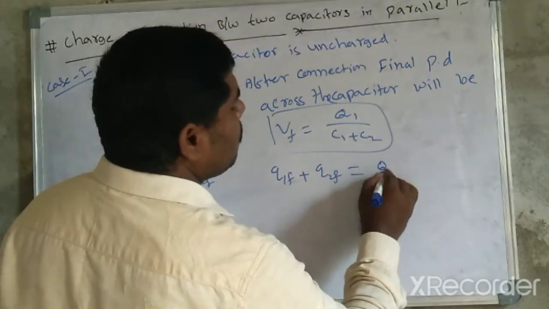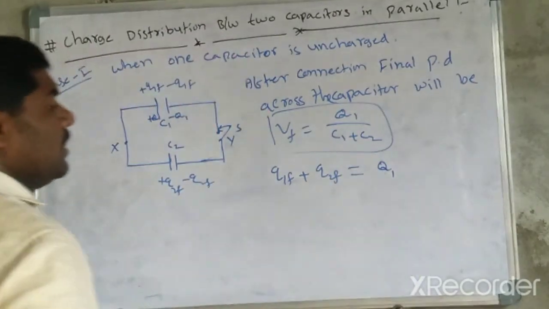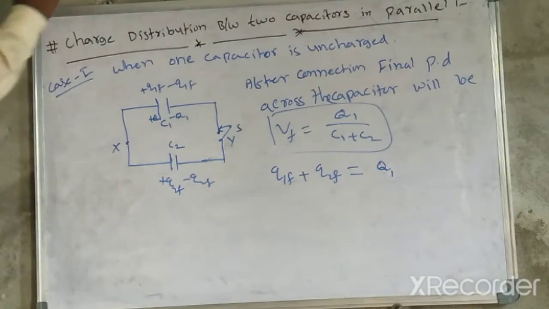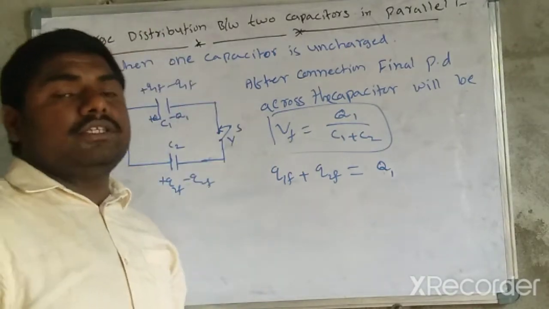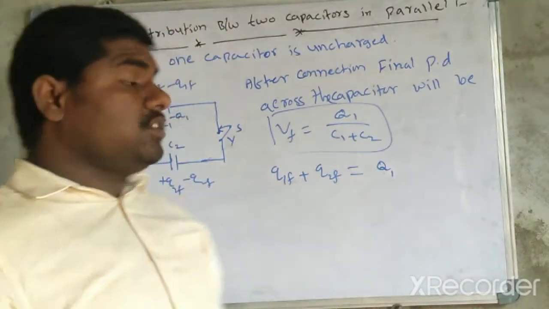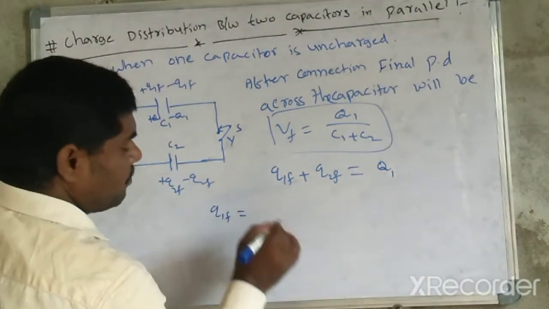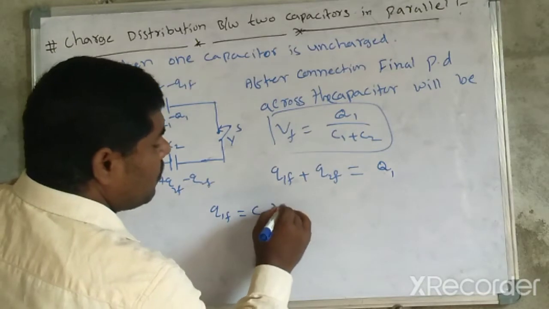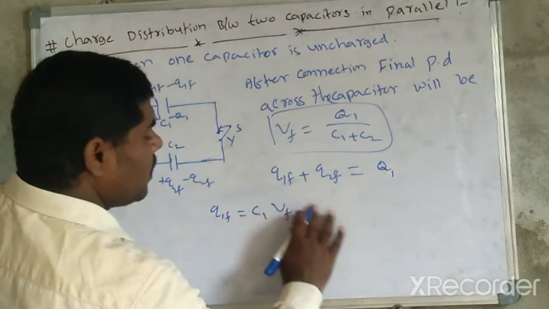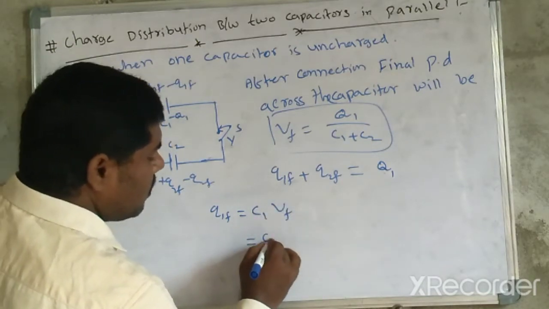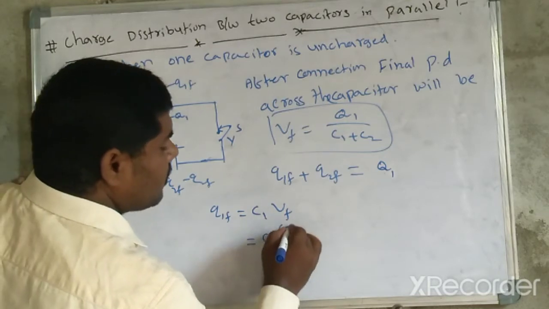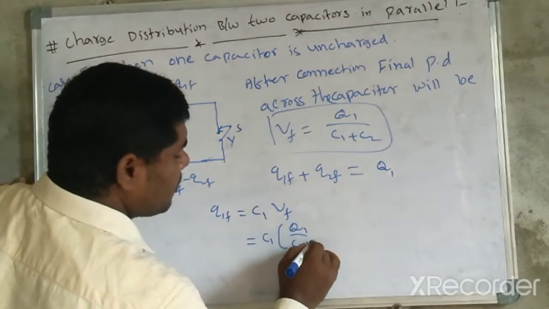If they ask for the individual final charges, Q1 final is equal to C1 into V final, where V final is Q1 by C1 plus C2.